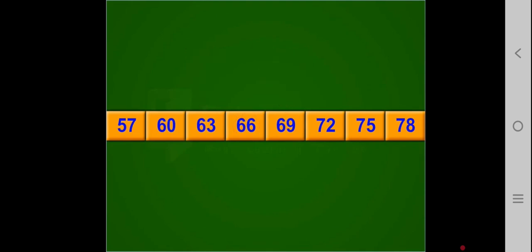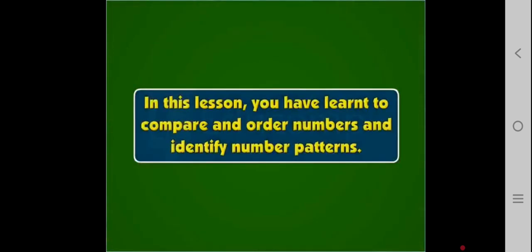What happens if we add 3 to 69? We get 72. That is the next number, isn't it? So now we've also learnt about number patterns. In this lesson, you have learnt to compare and order numbers and identify number patterns.